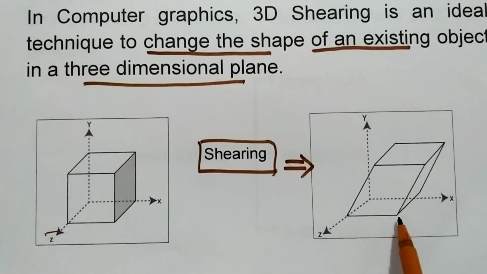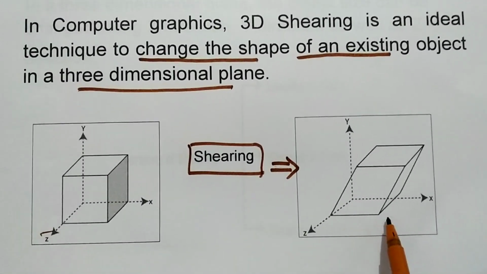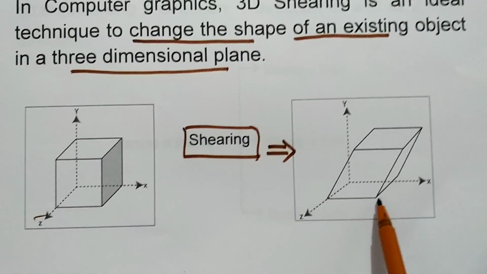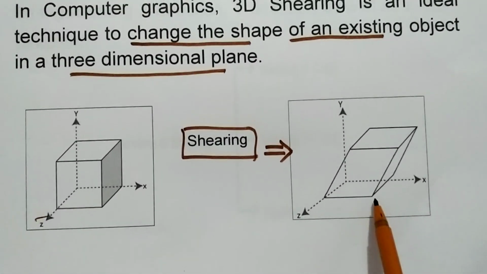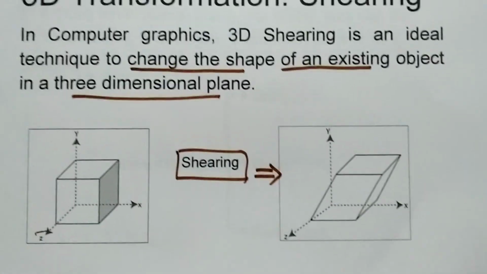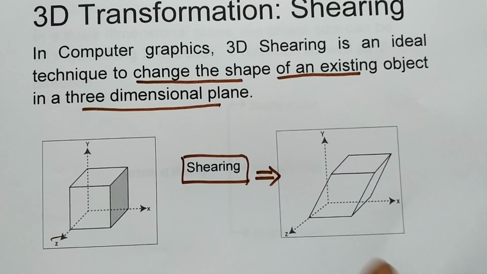So, in the shearing technique, you can increase or decrease the size of an object. Generally, you can say the size and shape of an object can be changed using a technique called shearing. In 3D shearing, we need to apply it on the x-axis, y-axis and z-axis.